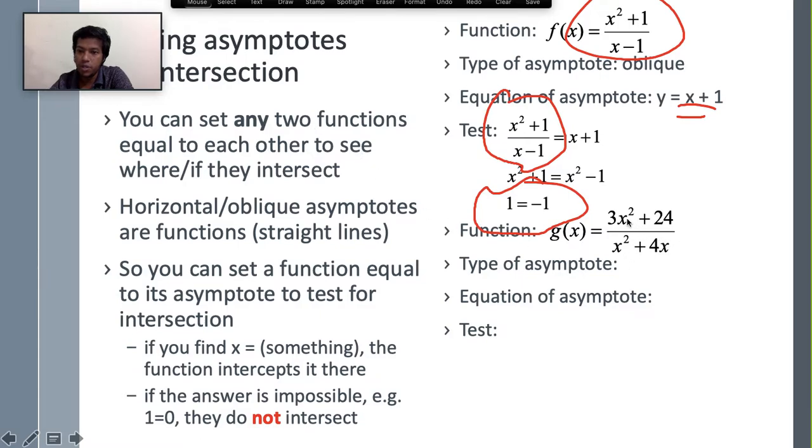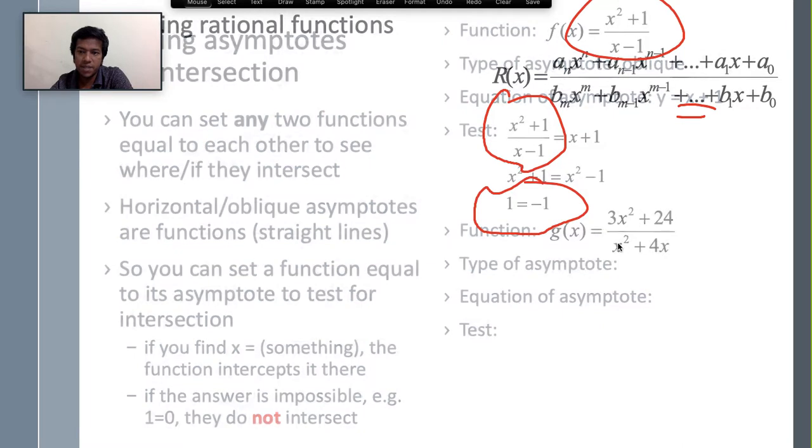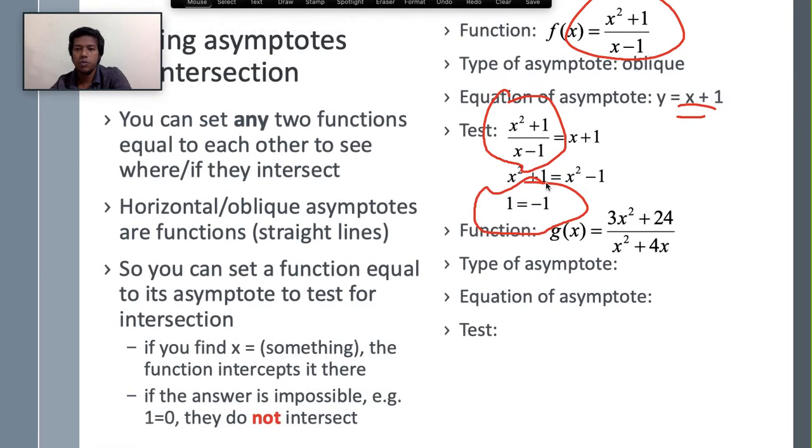Now what about this one? Here you have a horizontal or oblique asymptote. The power is same, so we will have a horizontal asymptote in this case. So does that horizontal asymptote intersect with our graph of the function?